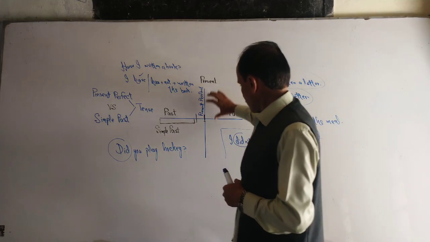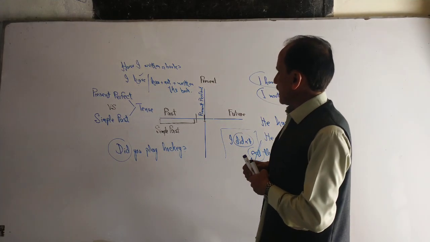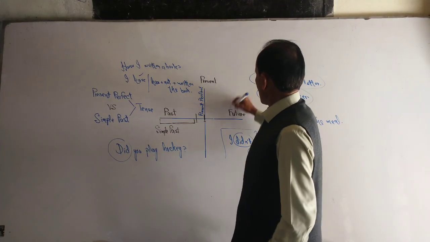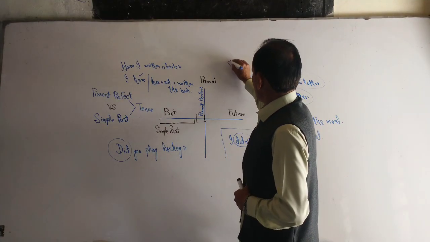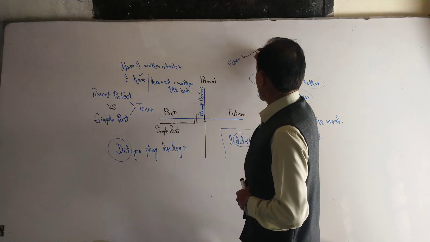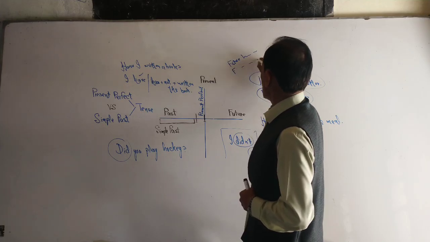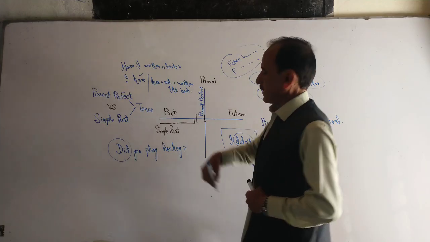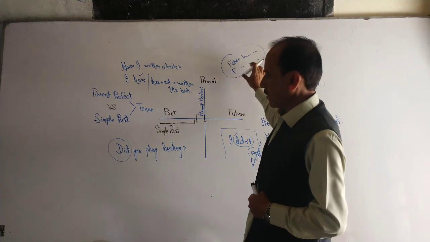For example, here is another tense: future indefinite and future continuous. How to use them? The next video will be on this topic.